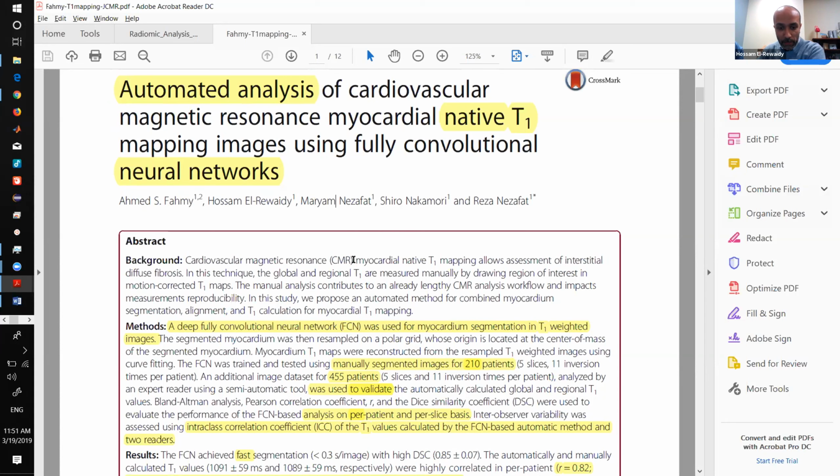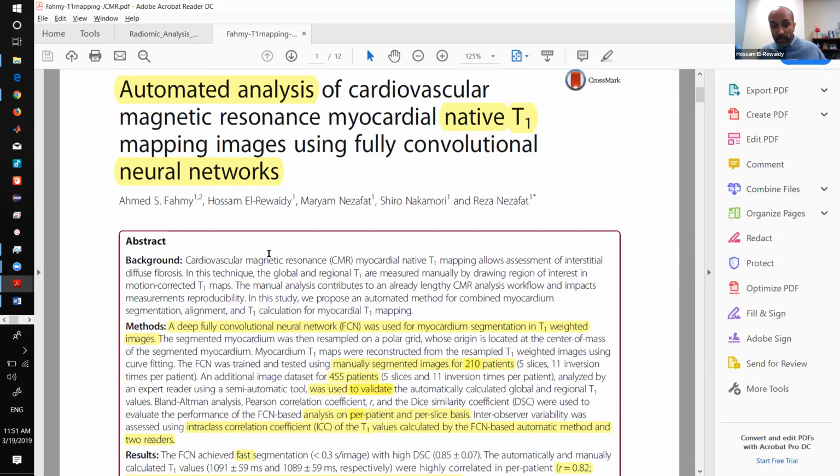Before I discuss this paper, I just want to mention that in this work we relied on the reliability and robustness that was shown in many papers before on using deep learning for segmenting the myocardium. So we employed this robustness of segmenting the myocardium in a T1 mapping pipeline.